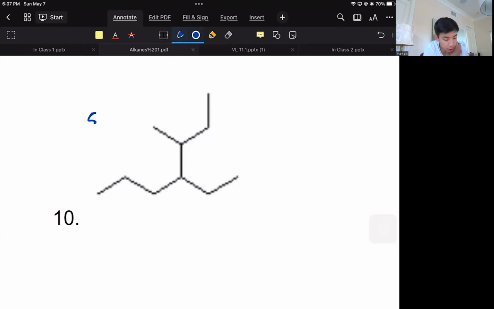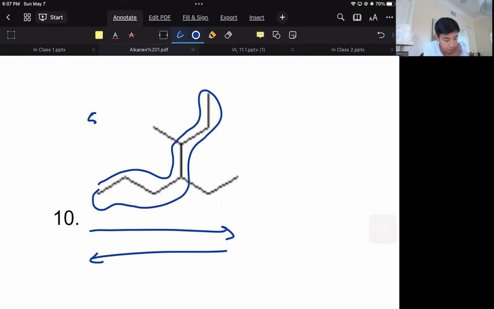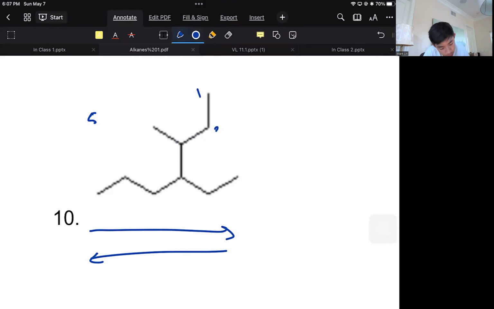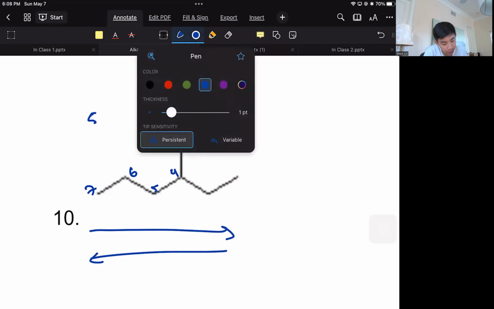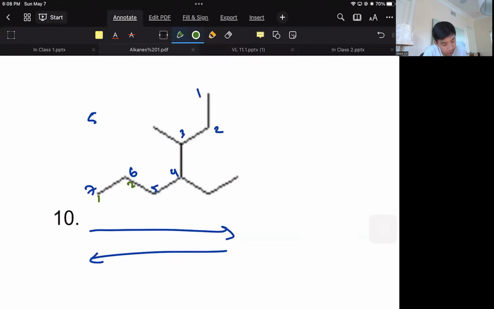All right, now we need to know if we're going to go this way or that way. So it's going to be a leading strand. We know which way it's going to go because where is our most complicated one going to come first? One, two, three, 4, 5, 6, 7.